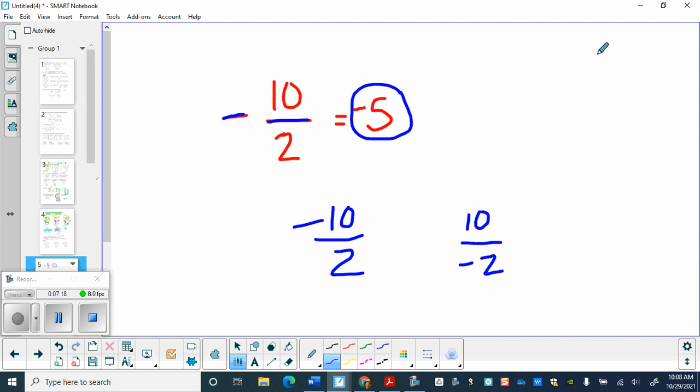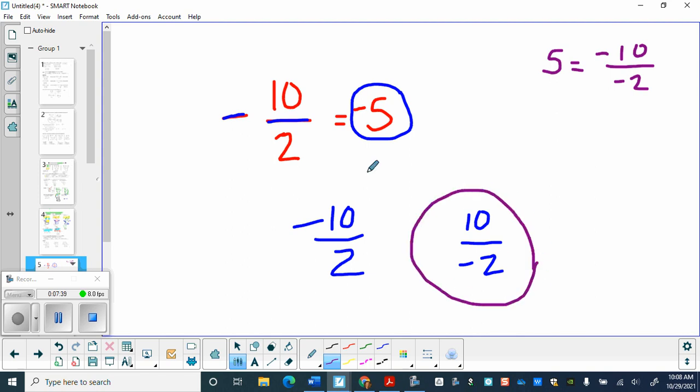But the moment you try to put the negative with both the top and the bottom, now you're going to get a positive answer. So the negative doesn't go with both of them. The negative could go either up here or down here. And I've been teaching long enough to know that this is going to be the recommended strategy. Anytime you see a negative out front, we want to treat it down here with the denominator.